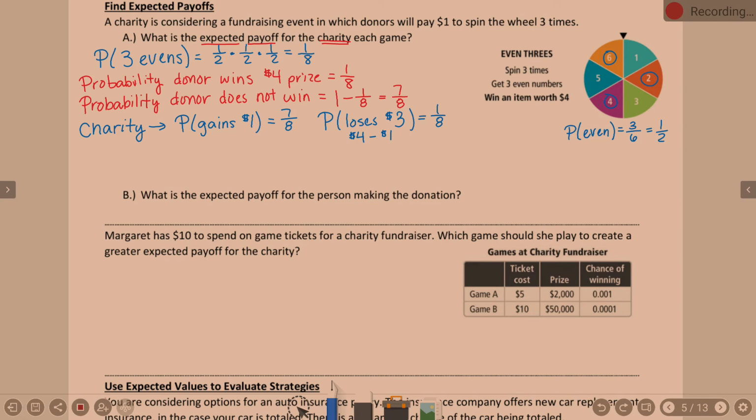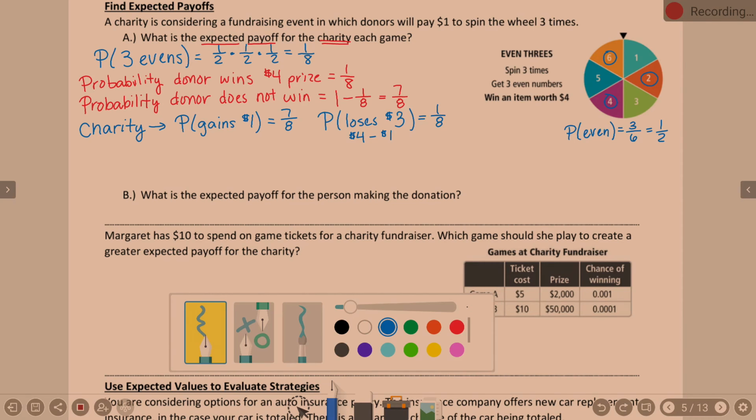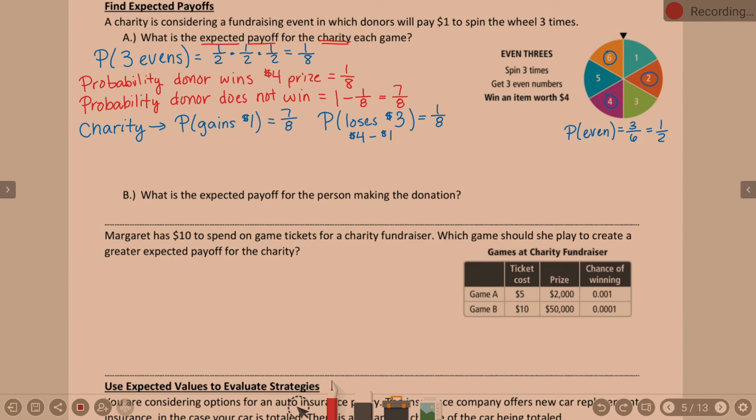Now, expected value, or in this case, expected payoff, yes? With the expected payoff, we're going to put all this information together, like what we were doing on the front side. On the last problem, it was the profit per meal times the probability it happens, plus the next profit per meal and the probability it happens. So, what are the options? They could gain $1, and the chance of that is 7/8.